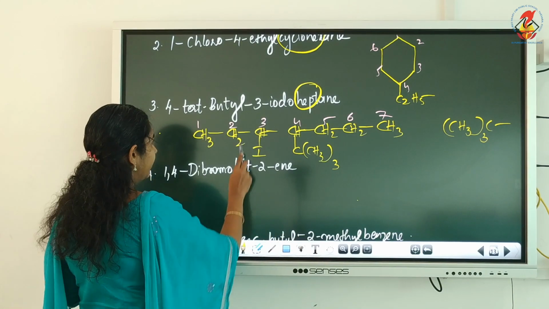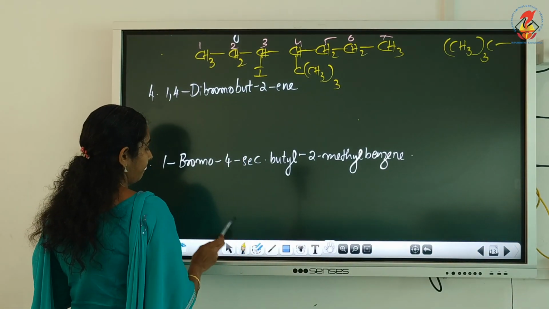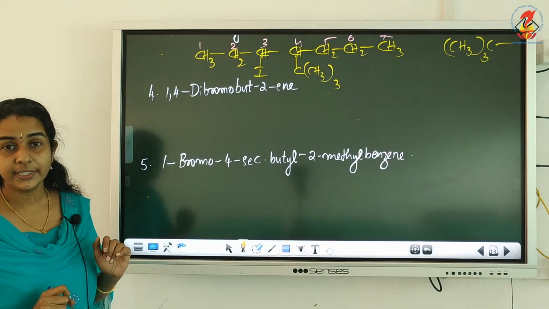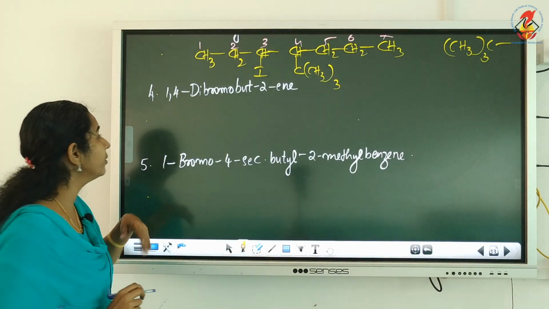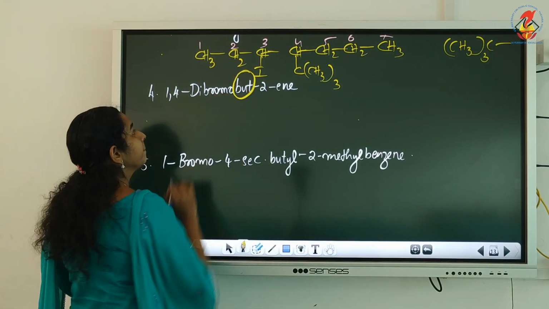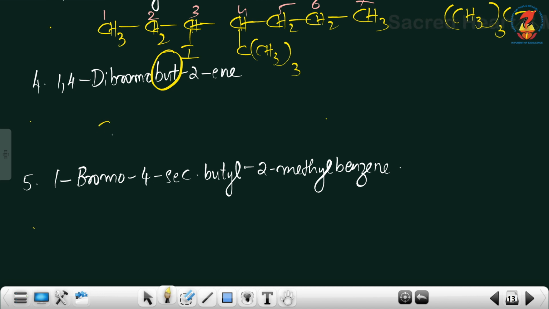Okay. In the next question, this is actually in-text question number 10.1. So here the word root is but. So draw 4 carbon atoms, give continuous numbers 1, 2, 3, 4. Draw the suffixes first.